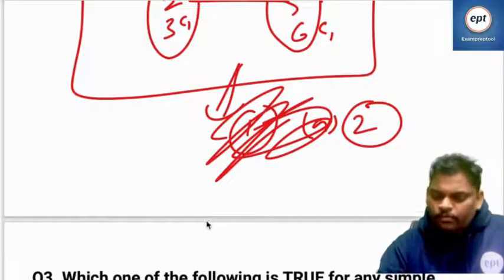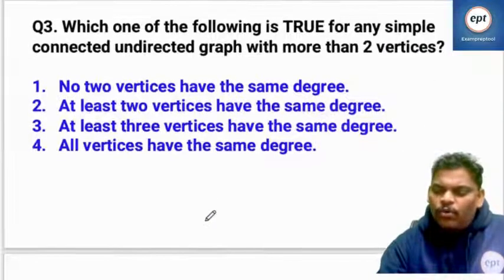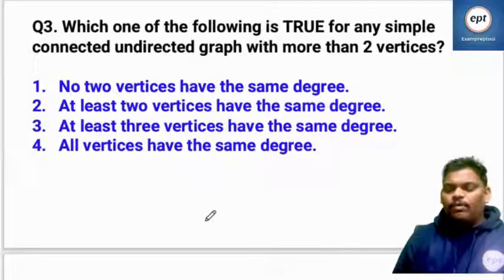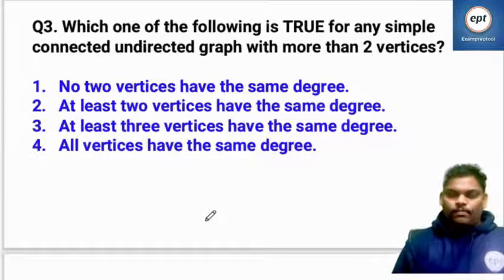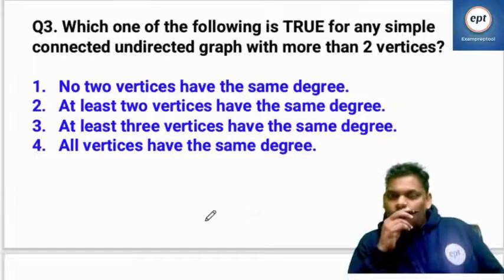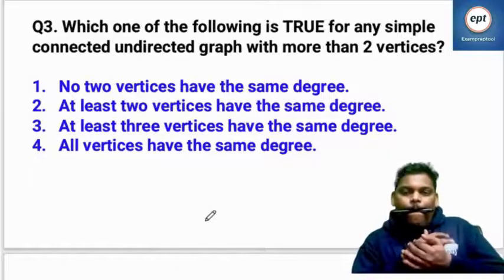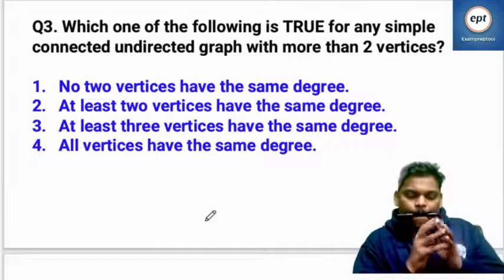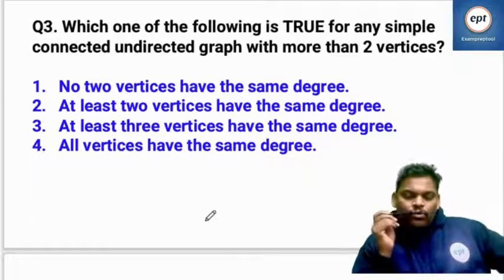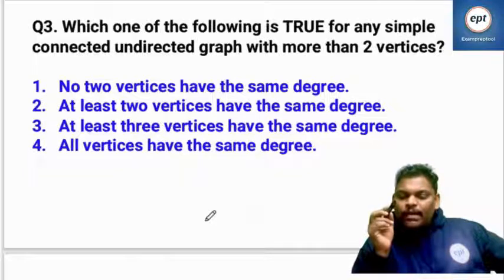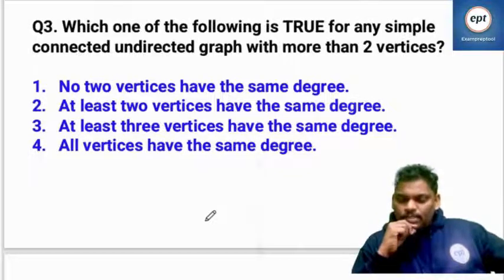Right, perfect. Now go to the next problem. Which one of the following is true for any simple connected undirected graph with more than two vertices?